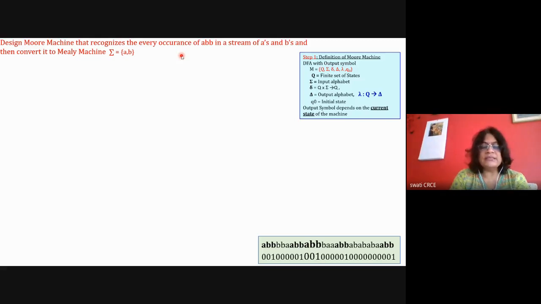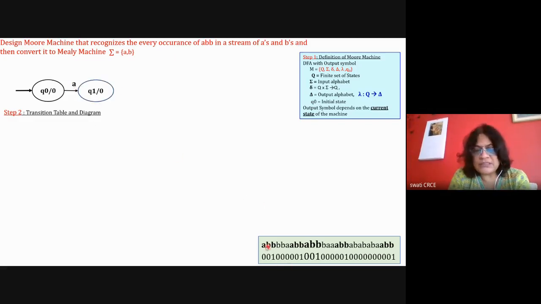Okay, so I'll start designing the Moore machine. There is a state Q0, and it will always generate 0. Now if there is any A, it may go to the state Q1, which will also generate 0, because for this first A I want to generate 0. It is not used for anything.